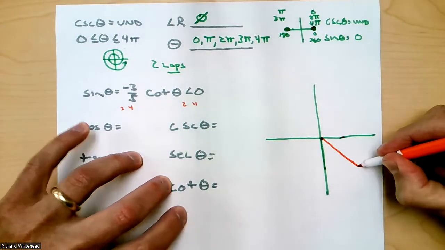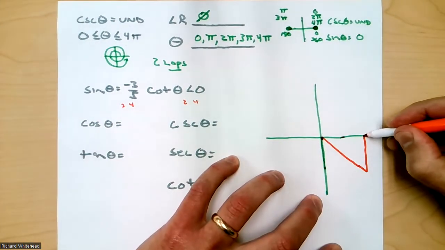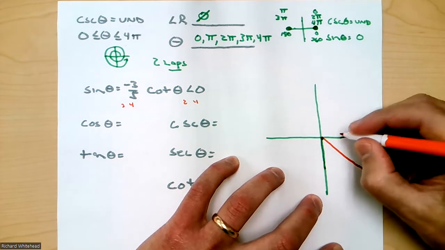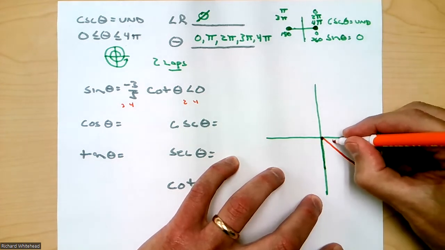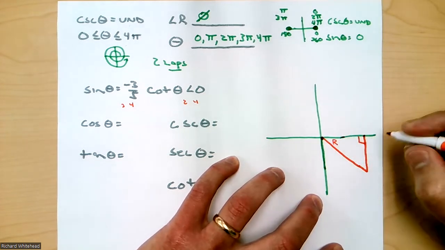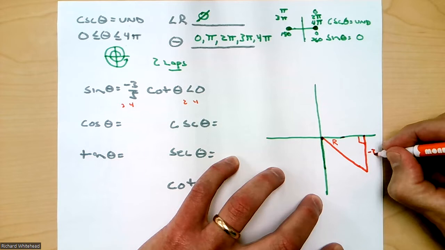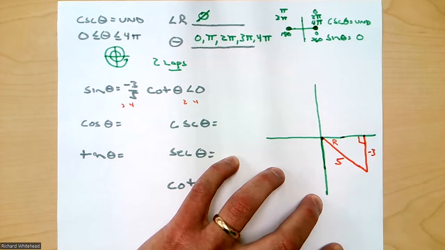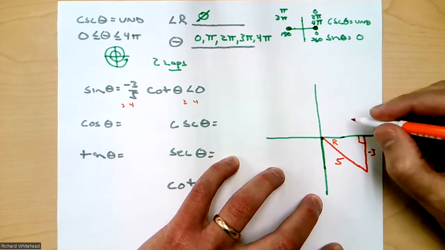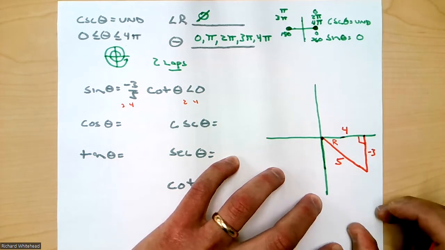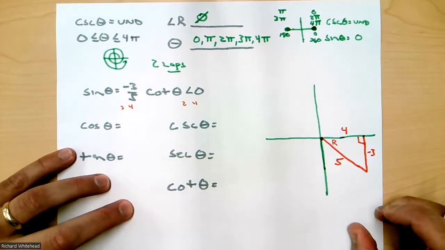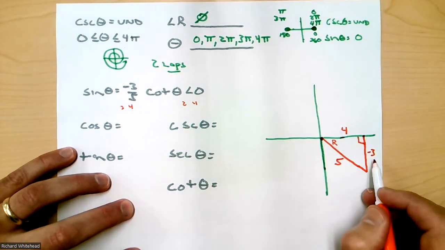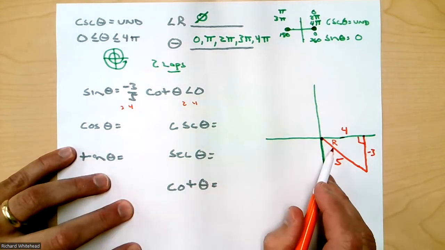So we have to draw our angle in the fourth quadrant. And I know this is the reference angle, but this is what we refer to, isn't it? So sine would be -3/5. So we do a little Pythagorean theorem and our missing side is 4. Does that seem logical? So then we can just put the pieces together.